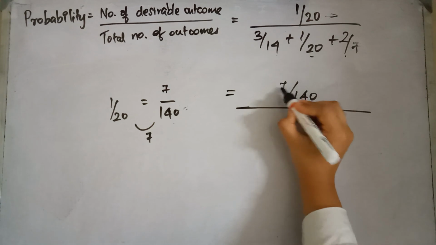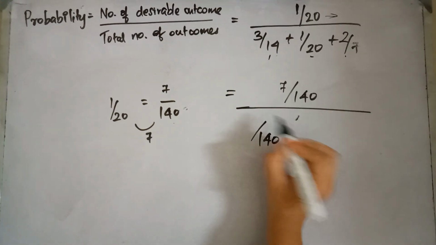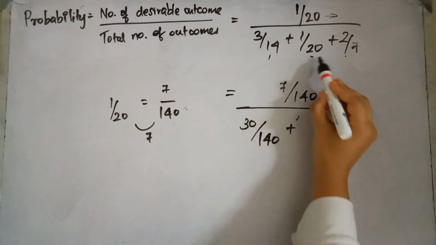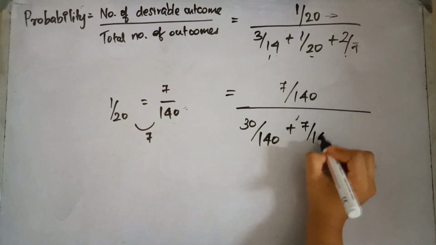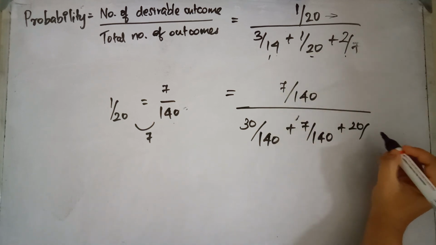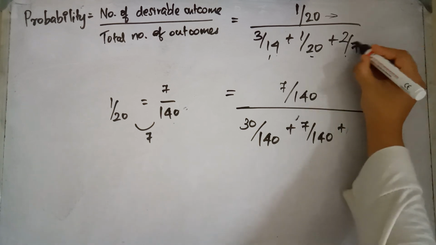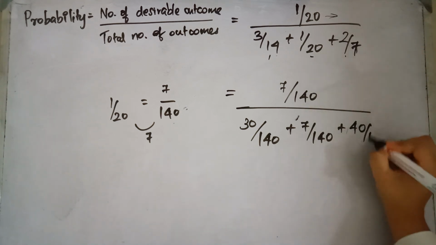So this will be 7 by 140, and then we have this 1 by 20, so 1 by 20 into 7 is 7 by 140, plus 2 by 7 into 20, so we'll have 40 by 140.